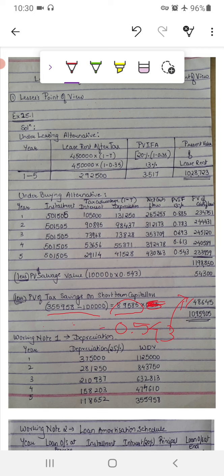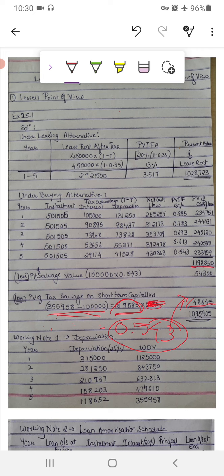It is 3,55,958 minus 1 lakh is 2,55,958 into 0.35, that is tax, gives us 89,585 into the present value. Into the present value 0.543, because this is also at the end of 5 years. So into 0.543 will give us 48,645.